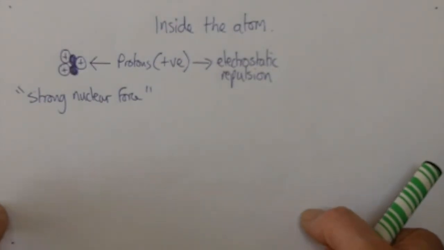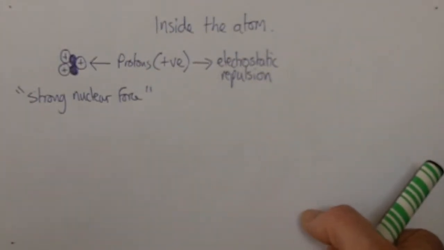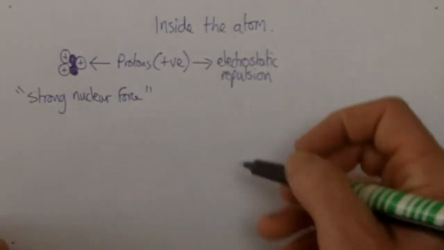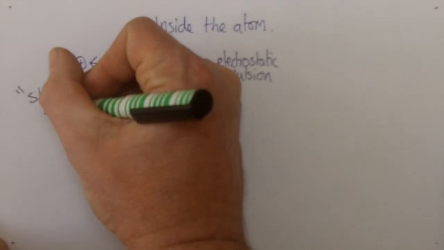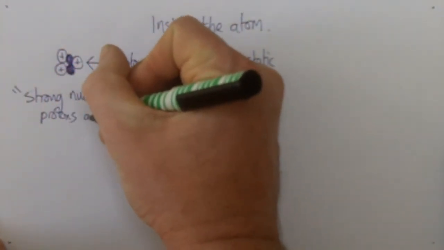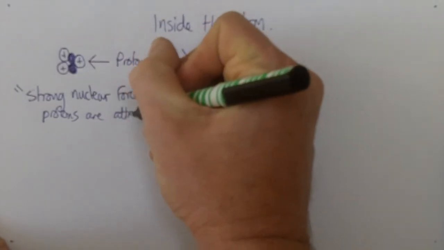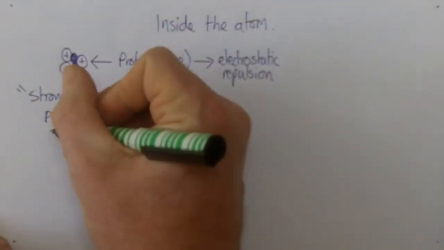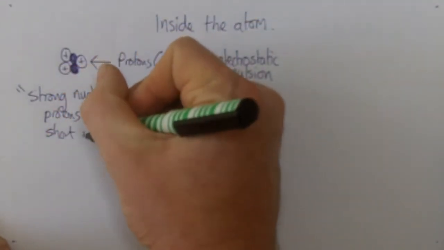But then you reach a critical point, which if you get any closer than that, then a second force overtakes that force, known as the strong nuclear force, which is much stronger and is actually an attractive force. So the strong nuclear force allows the protons to attract each other, but it only operates at a very short range.